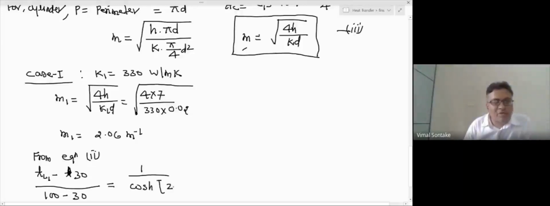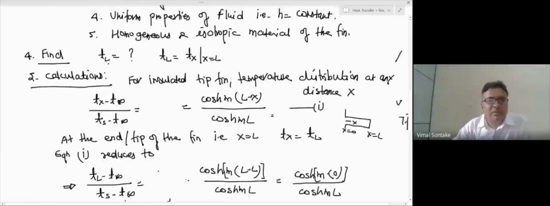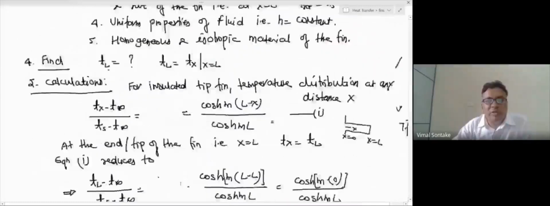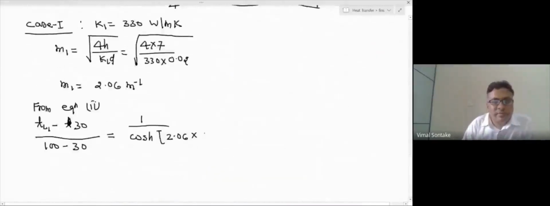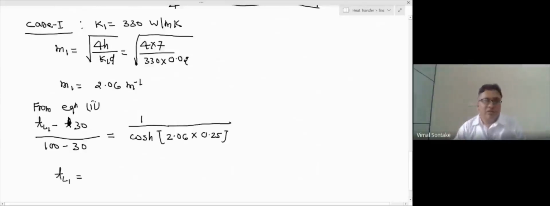The value of m is 2.06 and the value of L is 0.25. So after calculating this, you will get the value of TL1. Calculate this value.